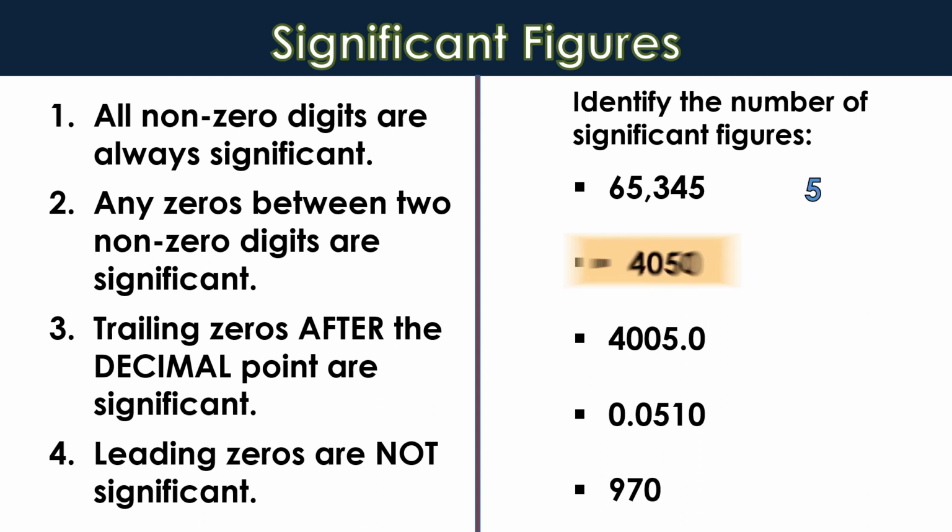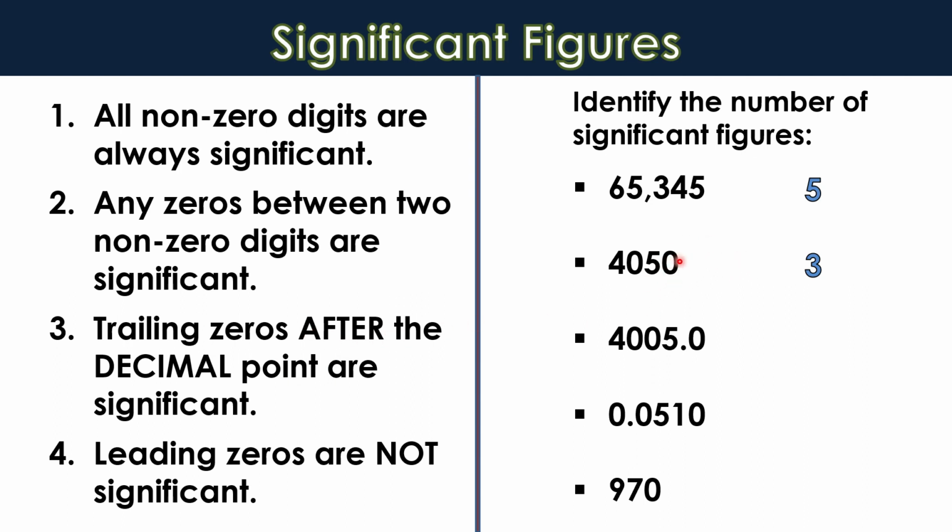Next, 4,050. So meron pa tayo iba pang rules na i-consider, and with that, we have 3 significant figures. Okay, yung mga rules, syempre, number 1, all non-zero digits, yung 4 and 5. Number 2, yung sandwich, or in between, the zero in between the two non-zero digits. And then, number 3, trailing zeros after the decimal.